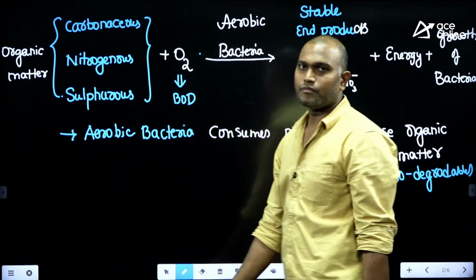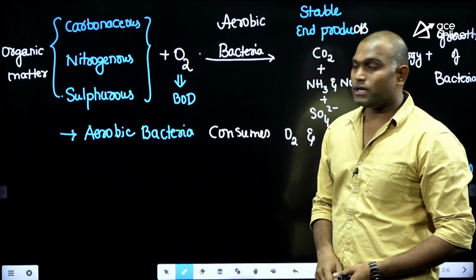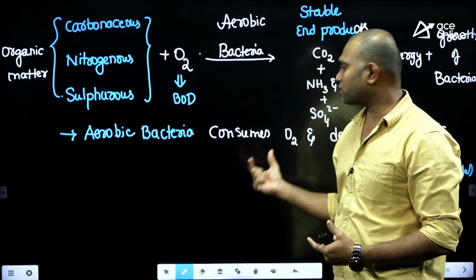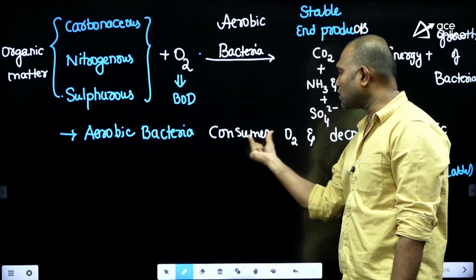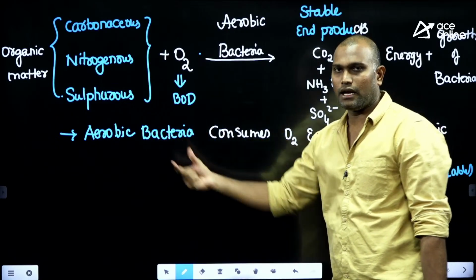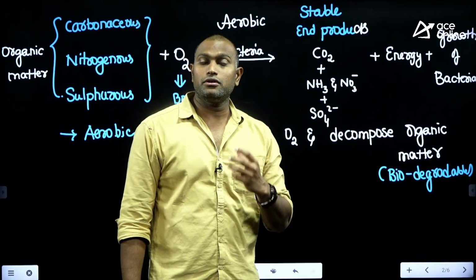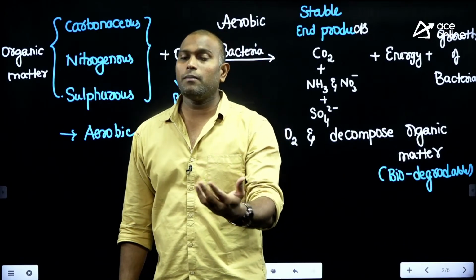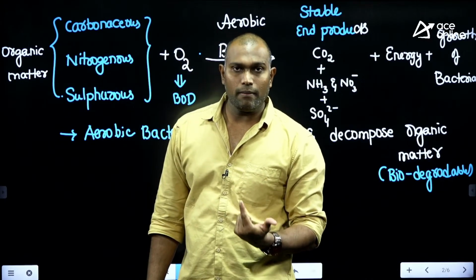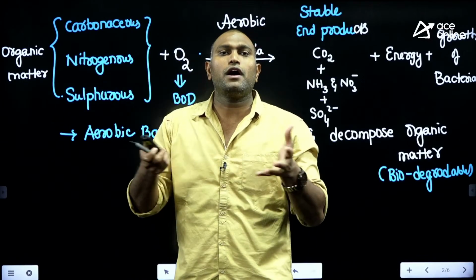So what is BOD? The BOD is nothing but the amount of oxygen consumed by whom? Aerobic bacteria to decompose whom? Organic matter. So the more the BOD required by the bacteria, the more the organic matter.